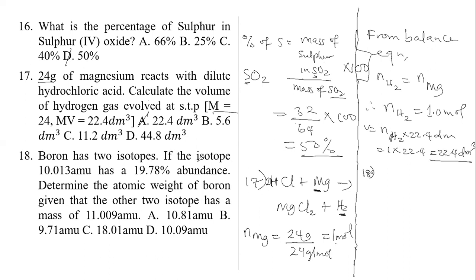Question number 18. Boron has 2 isotopes. If the isotope of this one has this abundance, determine the atomic weight of boron, given that the other isotope has a mass of this.